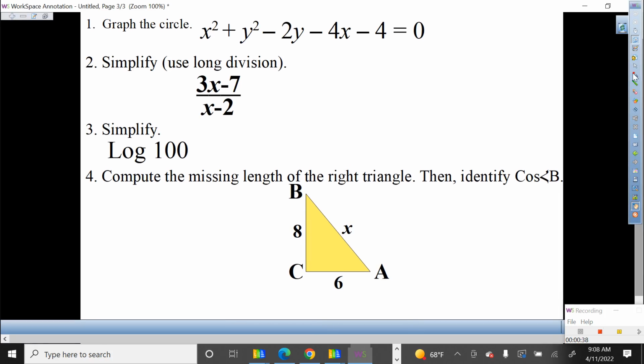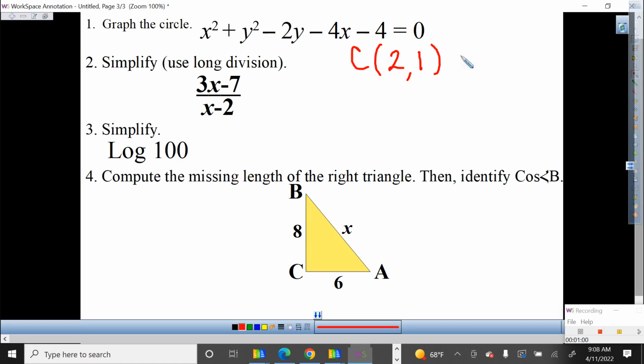So number 1, by now we should know how to find the center and radius of number 1. So, center. What'd you get for the center, Moose? 2, 1. Have you got that? That is correct.